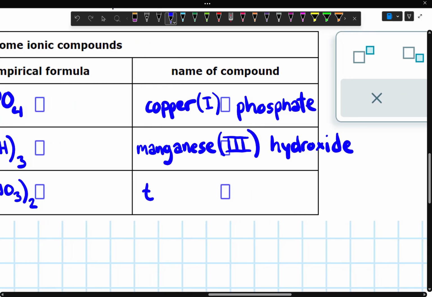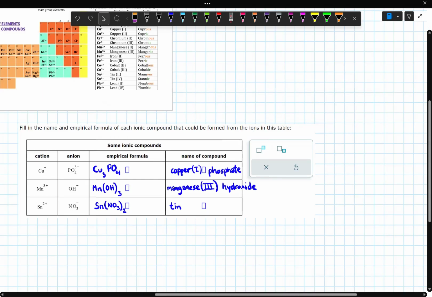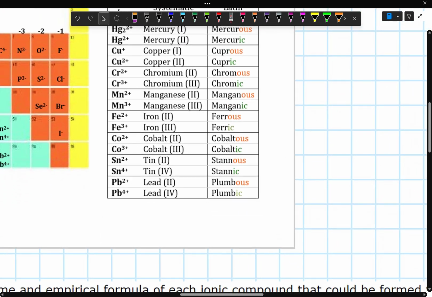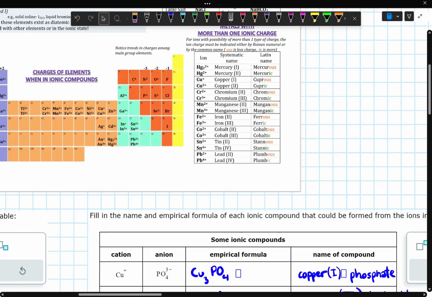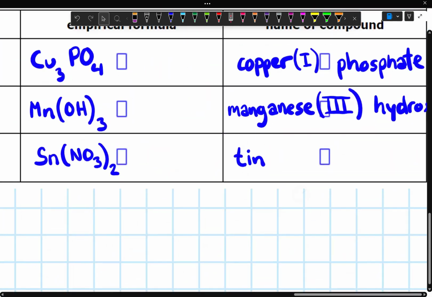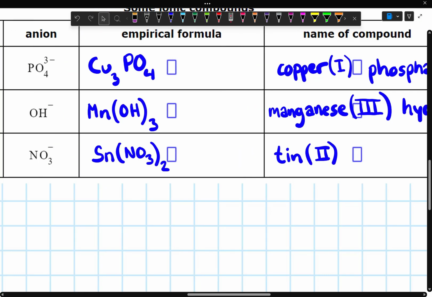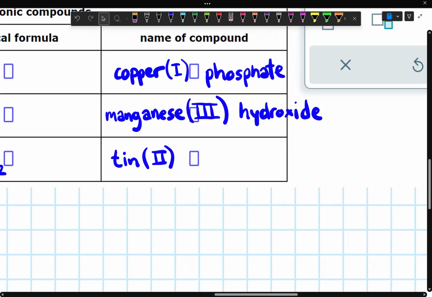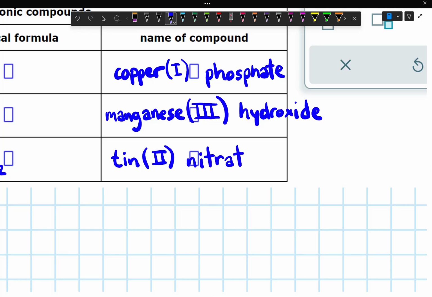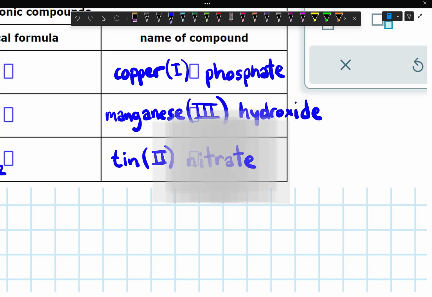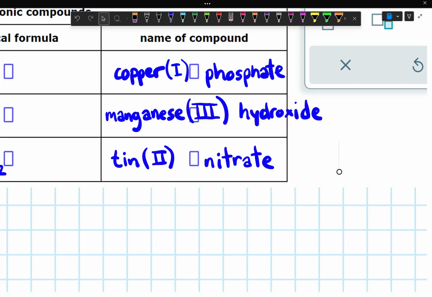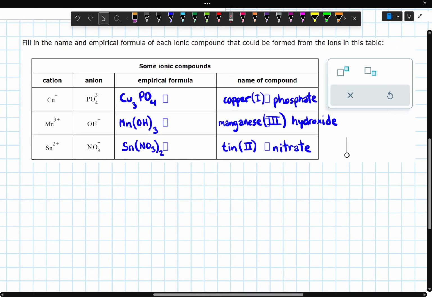Our name is going to be tin, and tin is one of our multiple charge metals. So in this case we have tin(II). It's got a +2 charge. And then NO3. What is NO3? It is nitrate. So this is tin(II) nitrate. Alright. That is that set done.